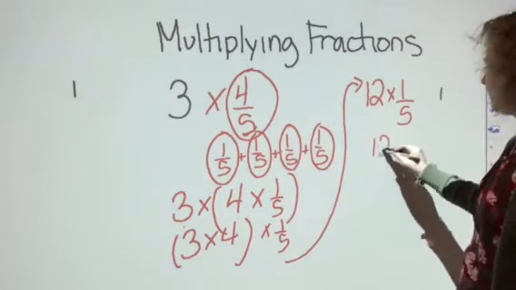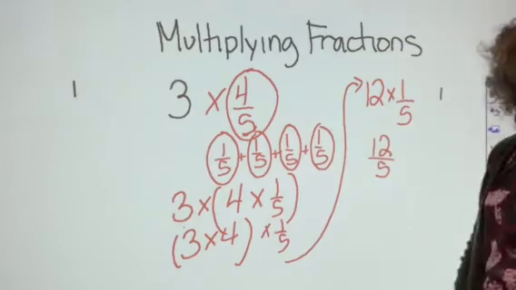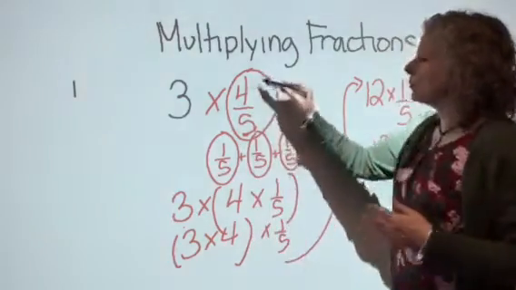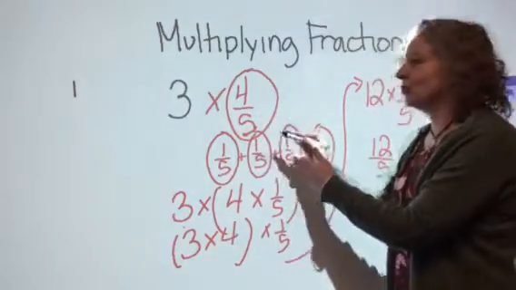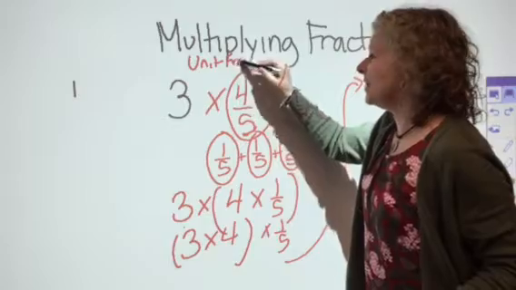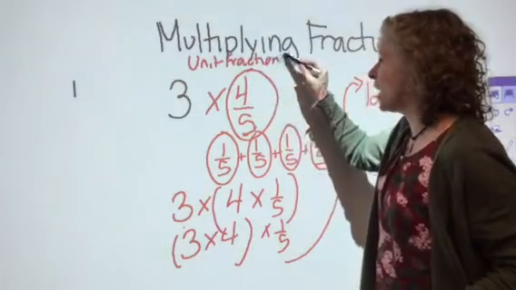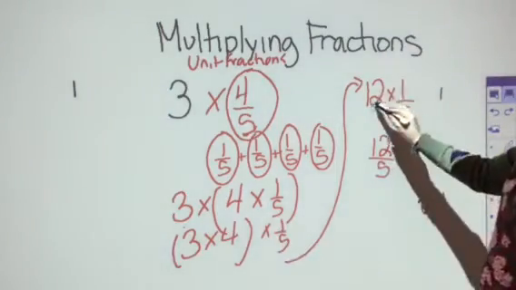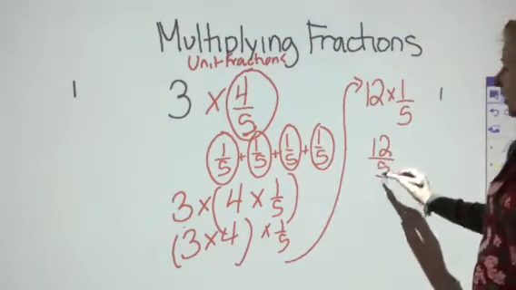And that just gives us 12/5. You could break your fraction down into unit fractions, and then because of the associative property, you could switch your grouping. Then when you've got 12 times 1/5, that gets you 12/5.